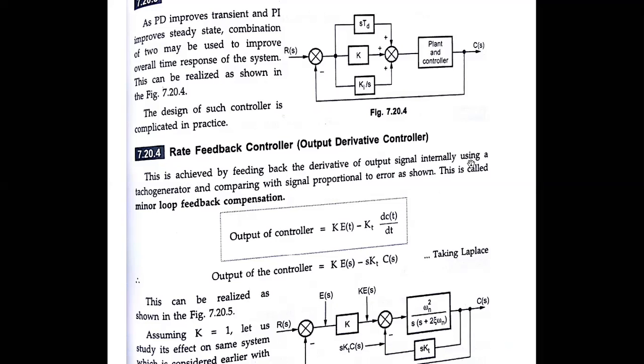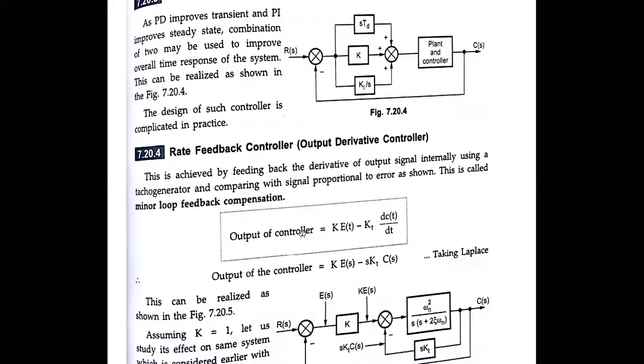This can be done by making use of a tacho generator and also comparing with the signal proportional to error. This mechanism of comparing your signal along with the tacho generator is called minor loop feedback compensation.